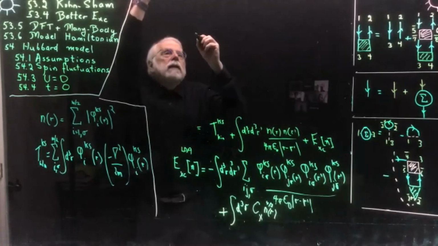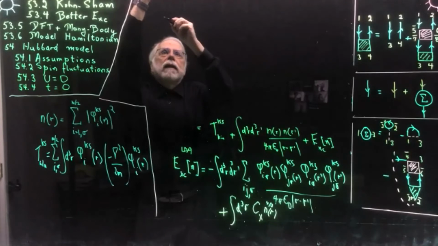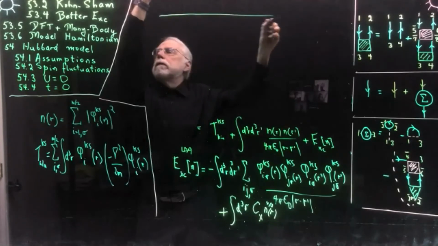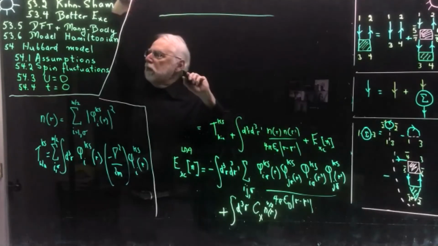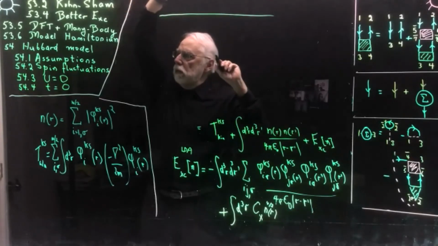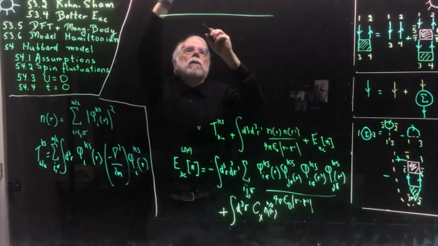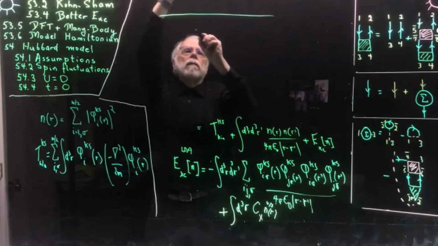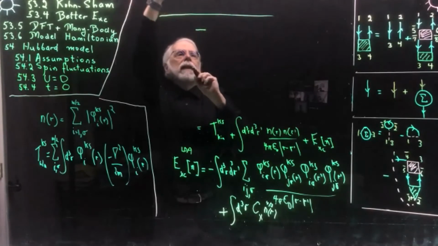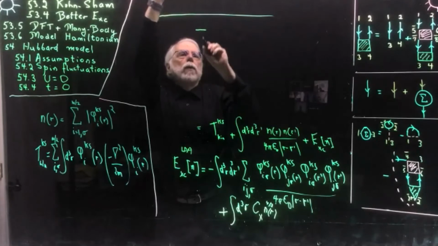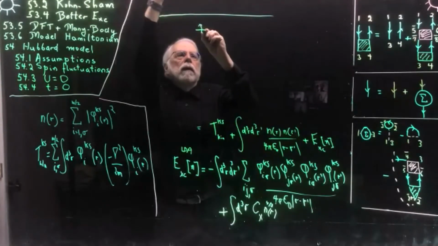So you assume you have a metallic band here, and then you have some magnetic impurity. So what is a magnetic impurity? Well, it's just something that has a spin.